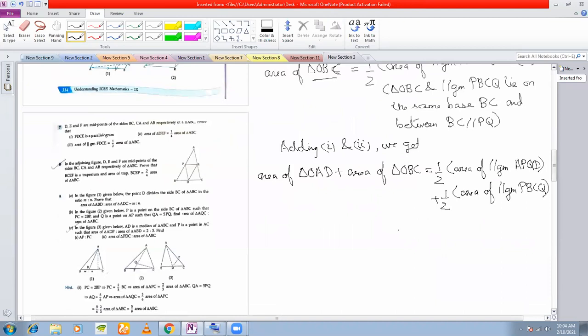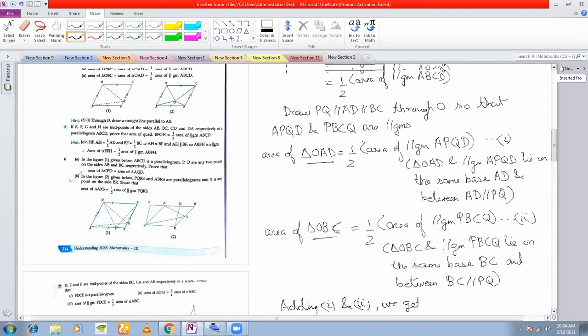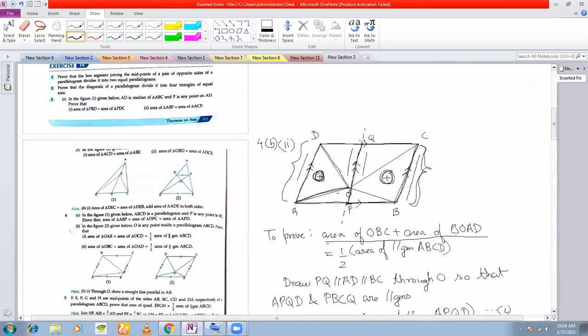Okay, so now from the right hand side, you can take half common, area of parallelogram APQD plus area of parallelogram PBCQ. Now clearly, if you see in the figure, we had divided the parallelogram into two parallelograms with the help of this dotted line here, PQ, into this parallelogram here, APQD, and this parallelogram.